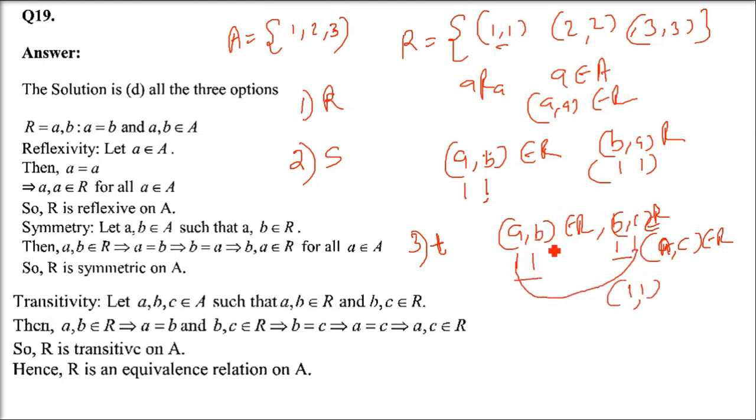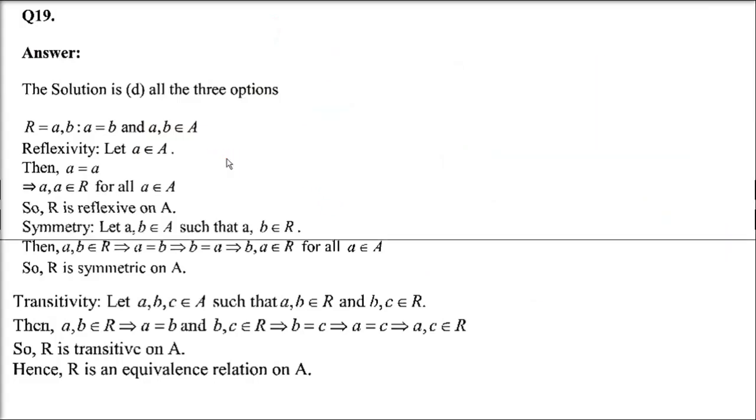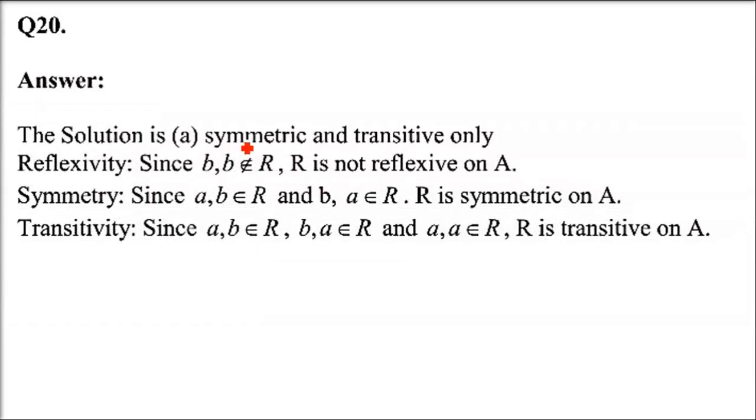So it is transitive, and the same logic goes for 2, 2 and 3, 3 also. That is why this is a transitive relation. It is an equivalence relation. All three are true.